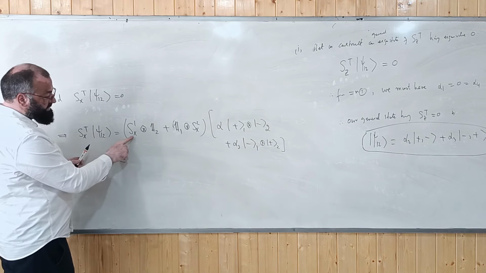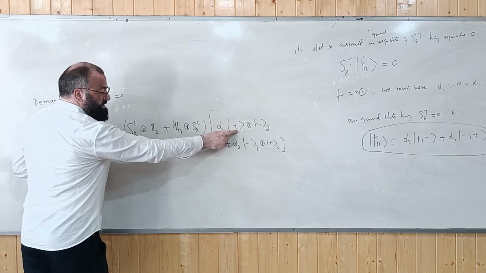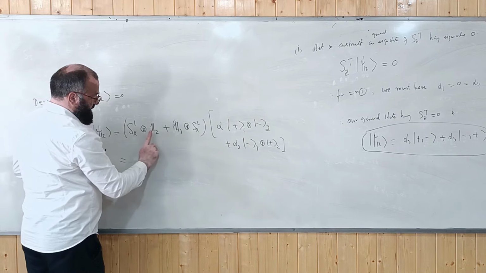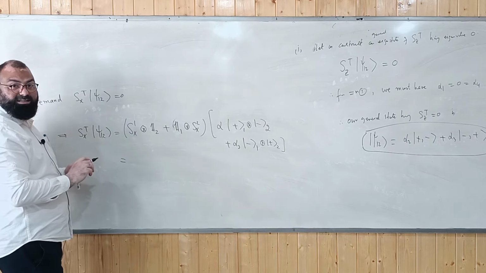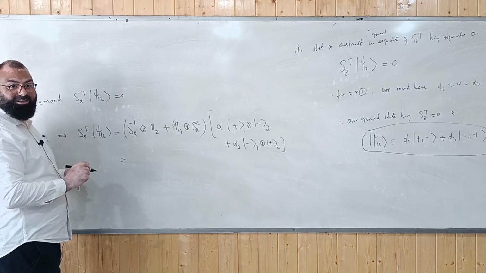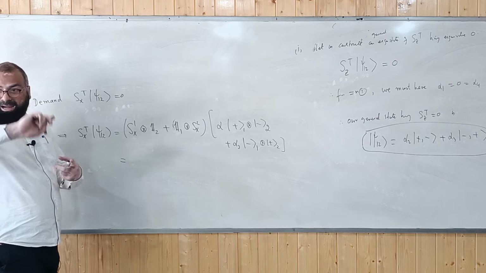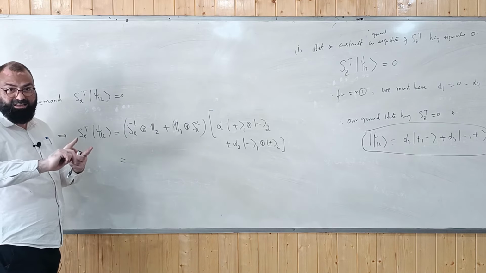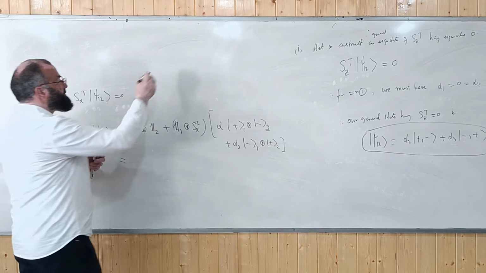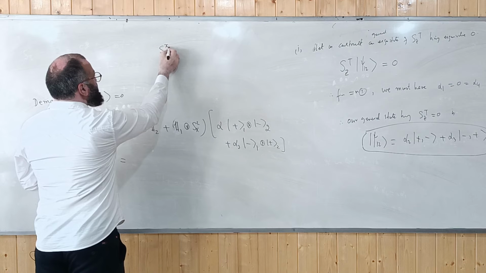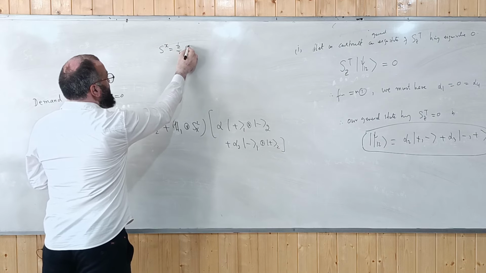So now let's apply this Sx. Sx1 will act on the first spin and I2 will act on the second. When Sx acts on plus, it gives you what? Plus is flipped to minus, because Sx flips. Last time I told you. Look here, Sx is actually h cross by 2 times sigma x.